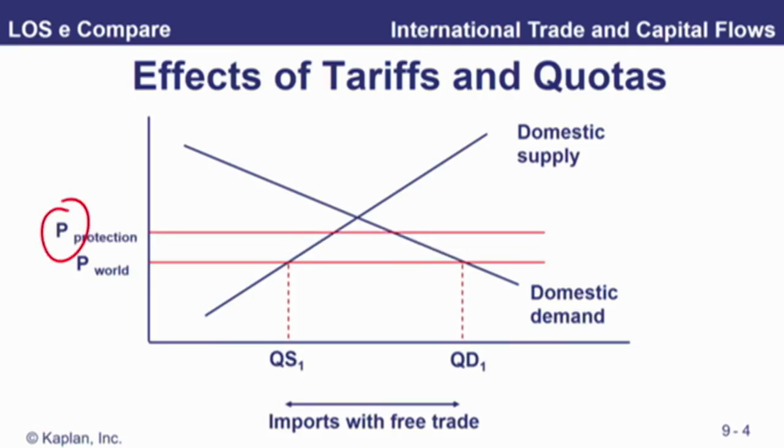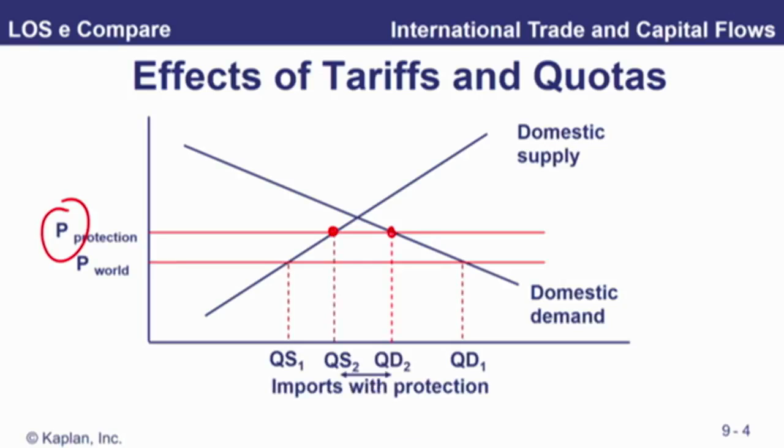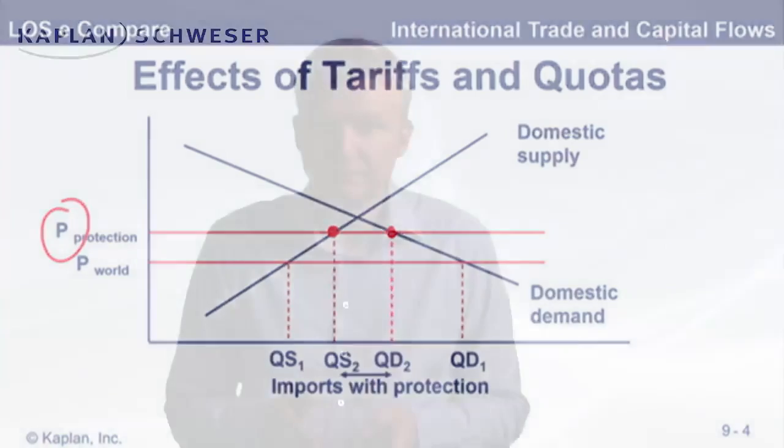So who wins, who loses? Well, let's have a look. With that higher price, you can see we now have domestic supply here, that's increased, and domestic demand here, that's decreased. That will decrease the amount of imports. So again, we can use the diagram to illustrate it. With that higher price, we now have a lower level of imports.